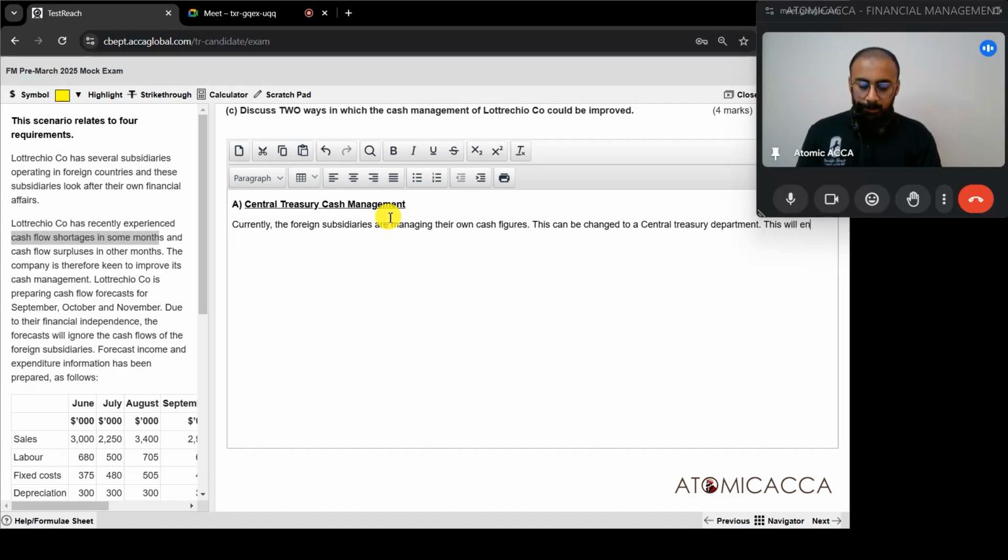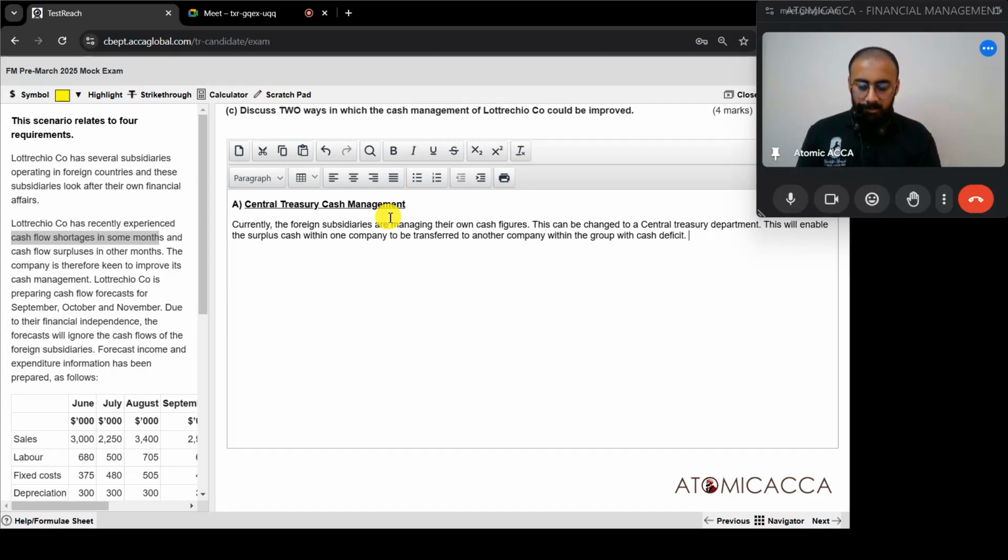This will enable the surplus cash within one company to be transferred to another company within the group with cash deficit.